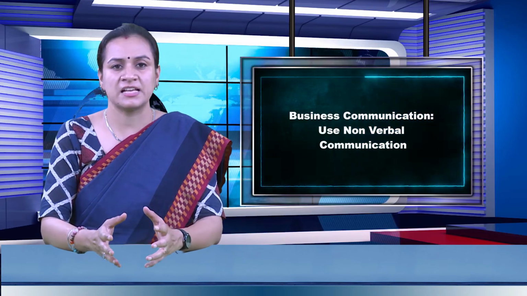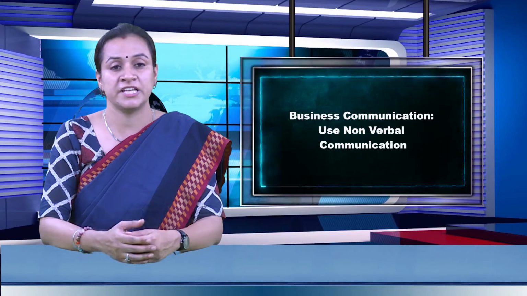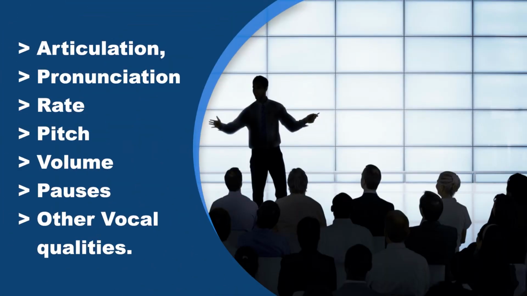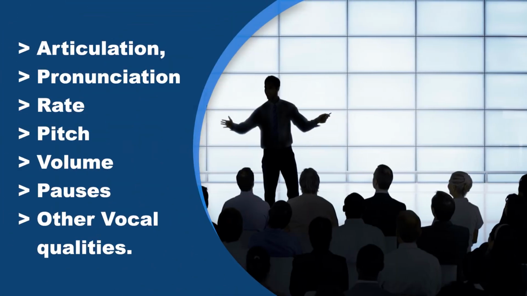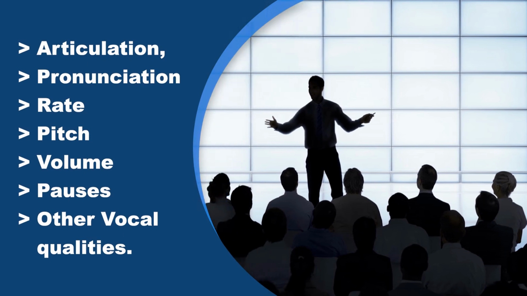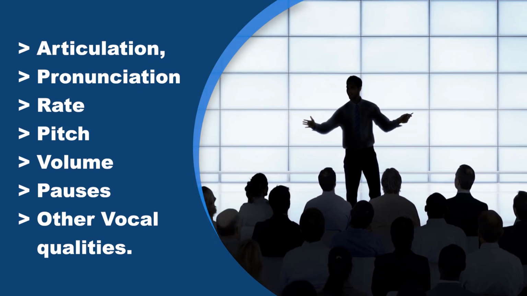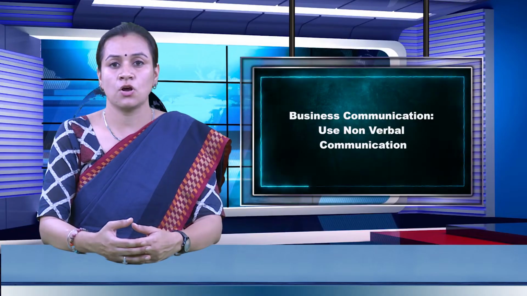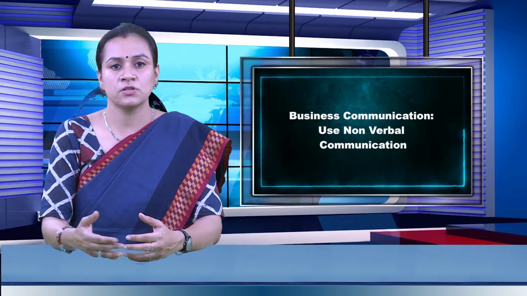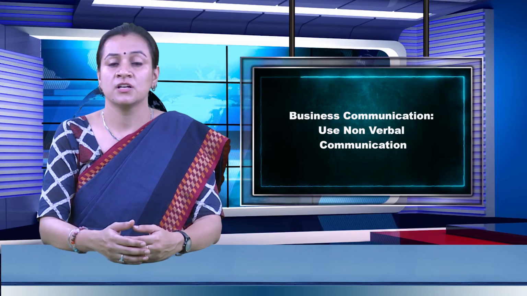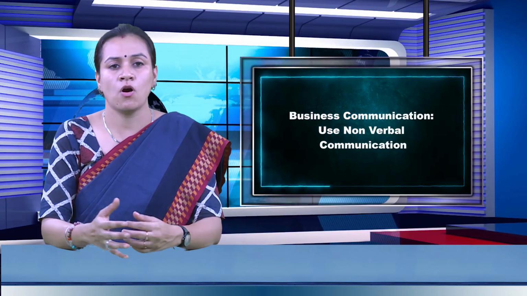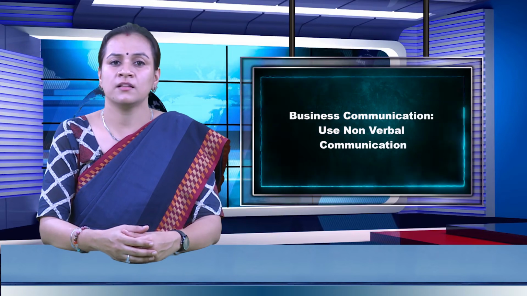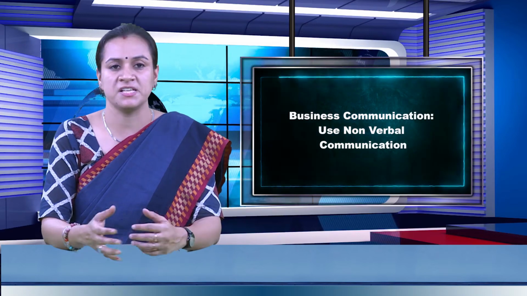It is defined as a type of non-verbal communication that includes articulation, pronunciation, rate, pitch, volume, pauses, and other vocal qualities. While verbal communication consists of the what, or the content of words, paralanguage includes the how of a speaker's voice and the way in which the speaker speaks.